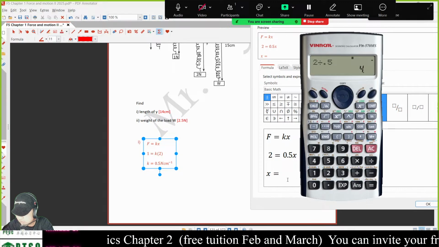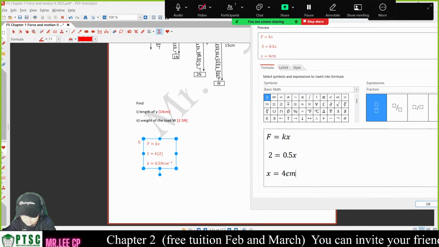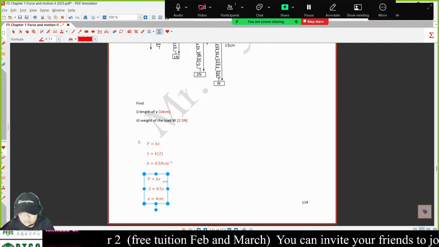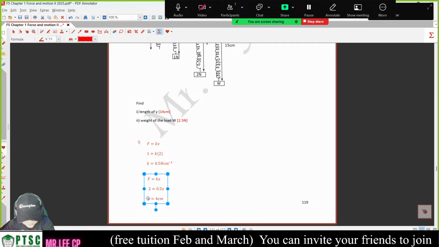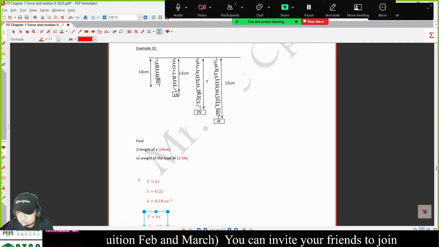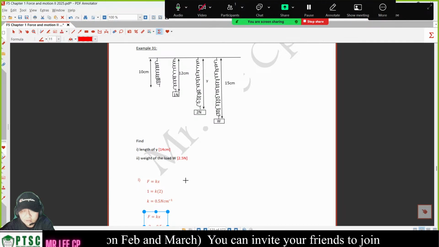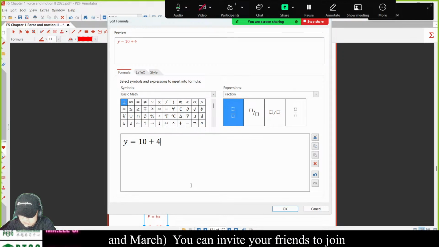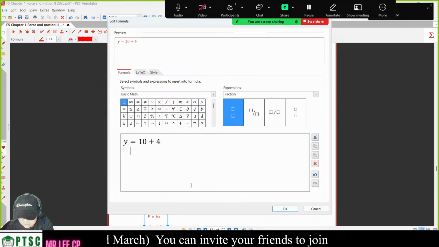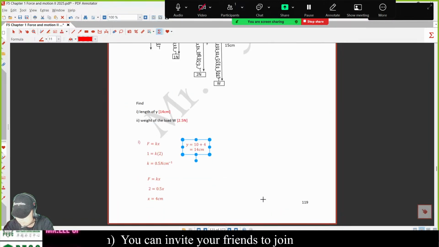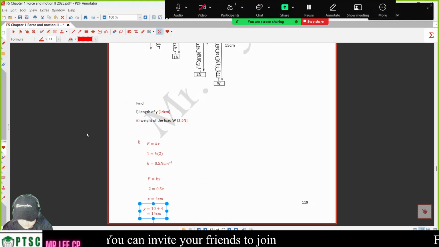It is 4. So you got the extension of 4. They ask you to find y. So how long is y? Y is equivalent to original length plus 4. So the answer is 14 cm.